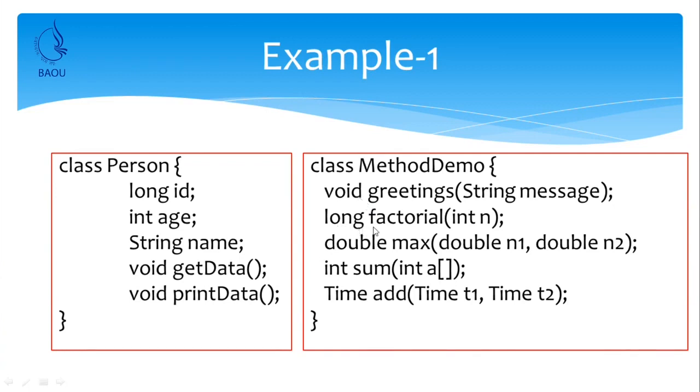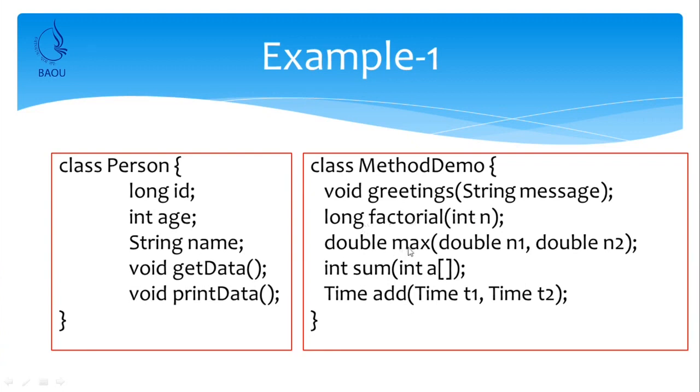Another method is long factorial, and the parameter is integer n. This method will take integer value n from user and return its factorial as a long value. So, this is a method which takes an argument as well as returns some value.